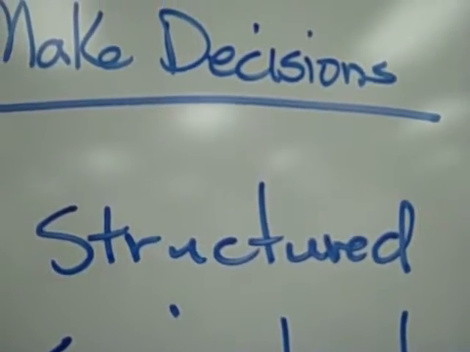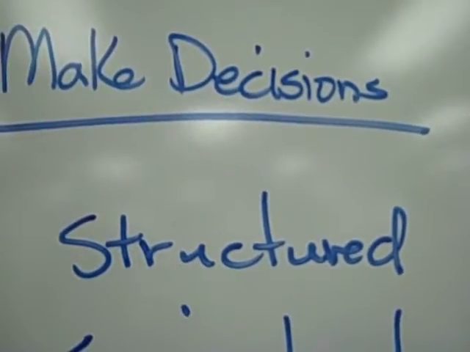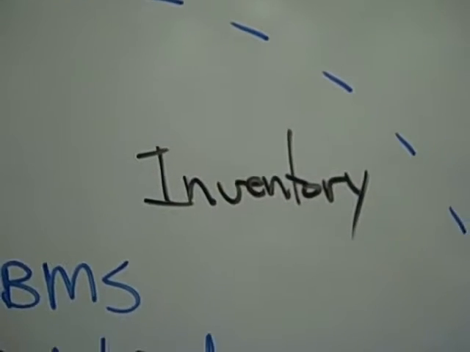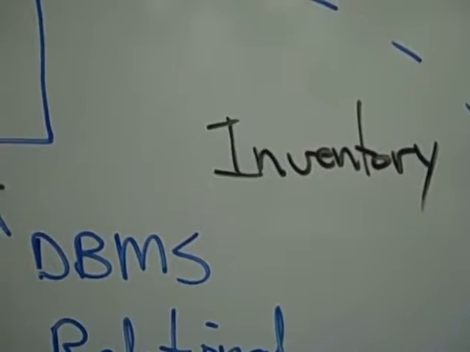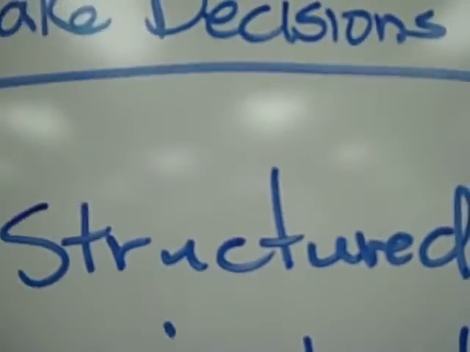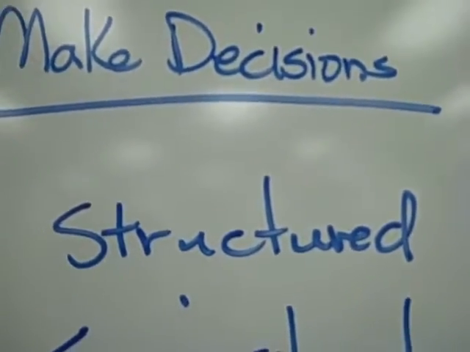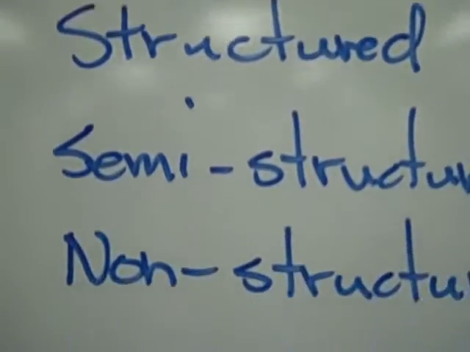Structured decisions are very straightforward. Like when the inventory for a certain product gets to 5, we order more. And we only order this many at a time. Structured decisions are very easy for technology and computing devices to do.